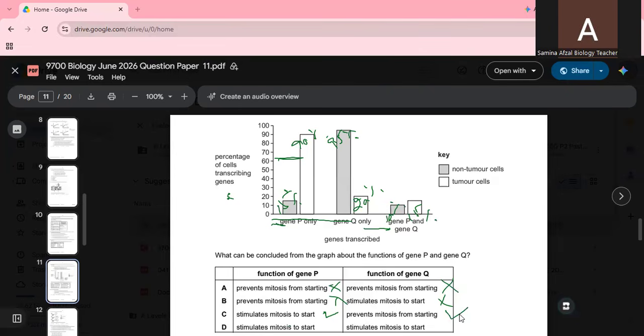Tumor cells undergo uncontrolled cell division, and higher expression of gene P in tumor cells indicates that it acts as an oncogene, stimulating mitosis to start. So according to this, C is the correct option. Stimulating mitosis is no doubt the function of gene P, but the function given for gene Q is not correct here. So C is the correct option.